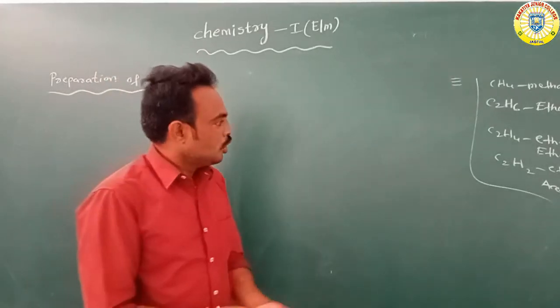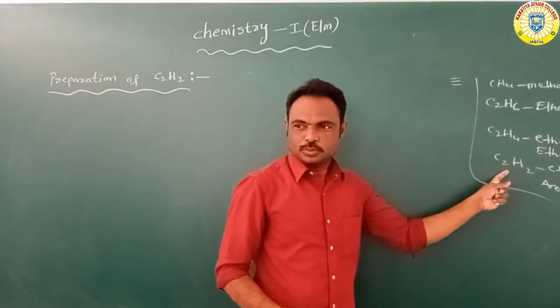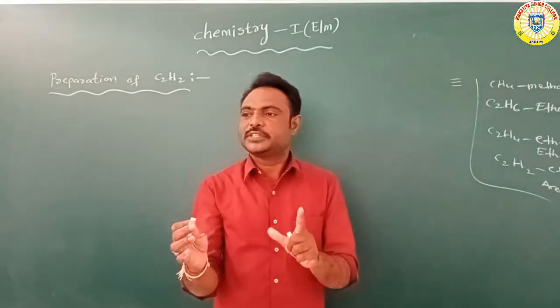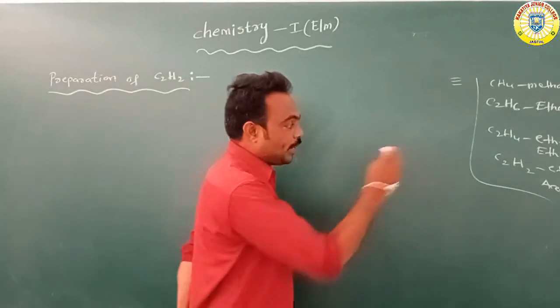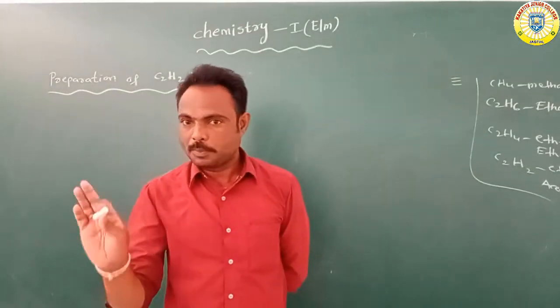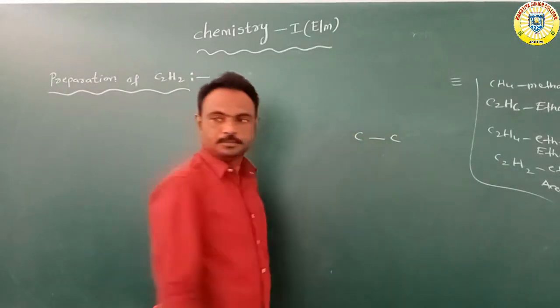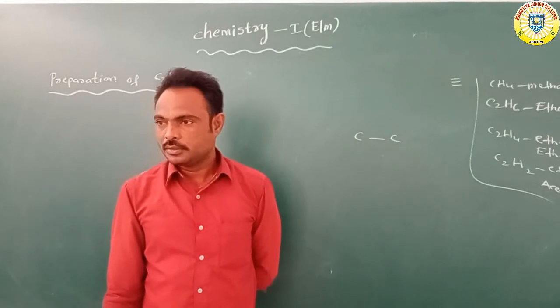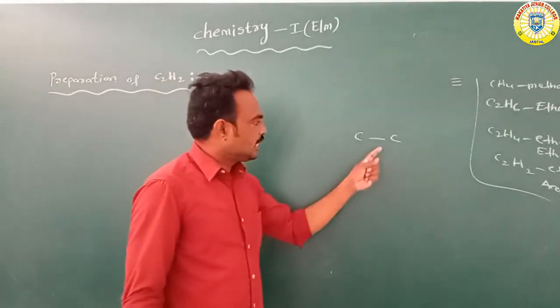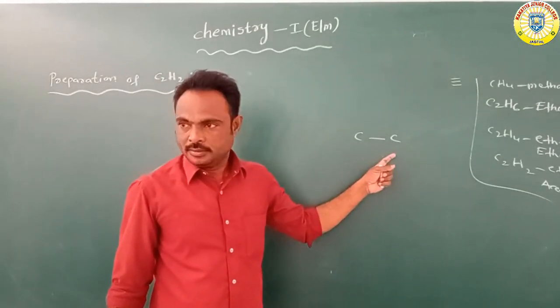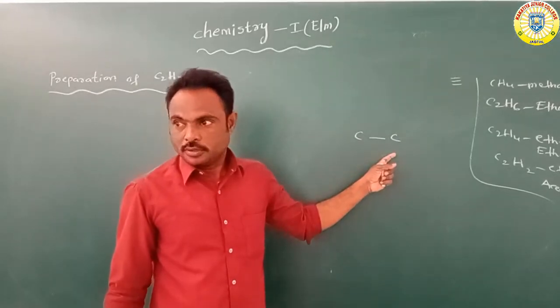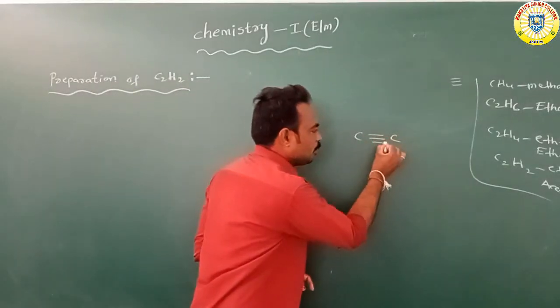So C2H2. What is the structure of C2H2? How many carbons? Two carbons. First we write carbon bond carbon. Since it is an alkyne, we write a triple bond.